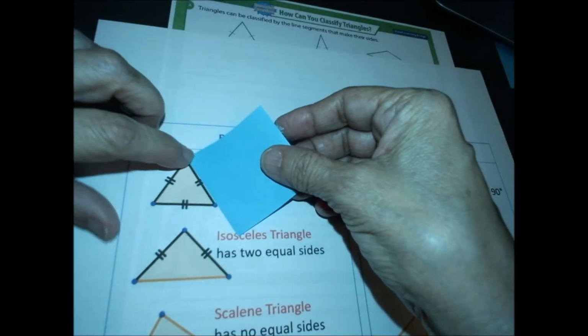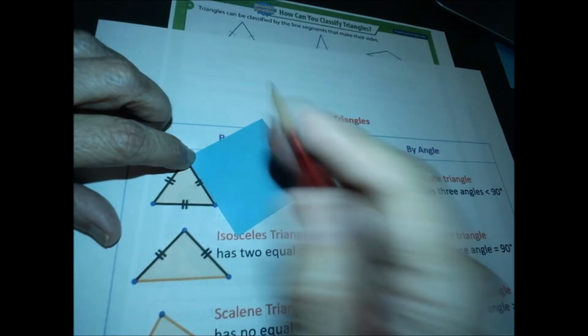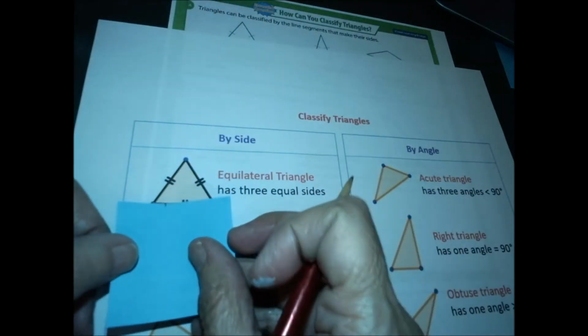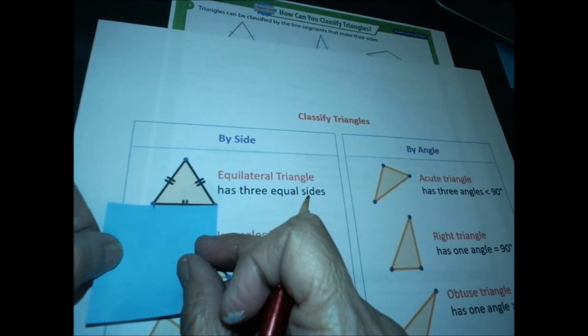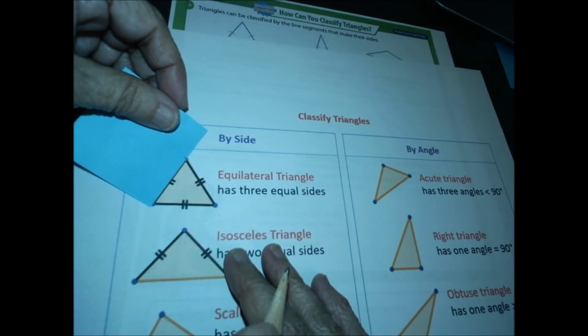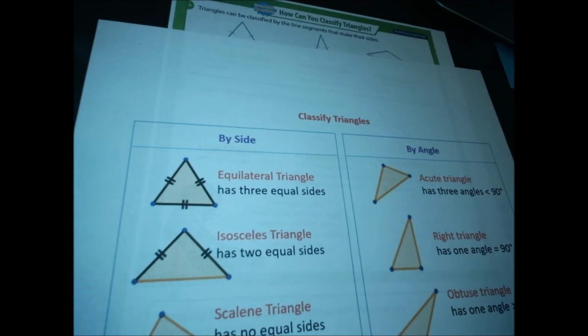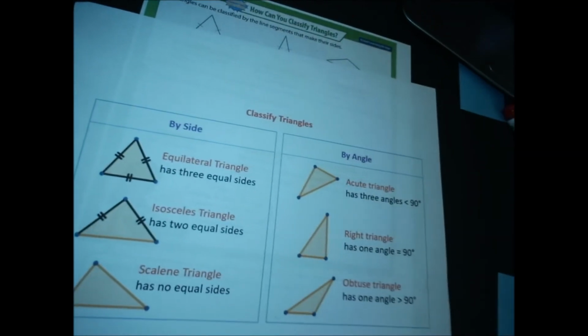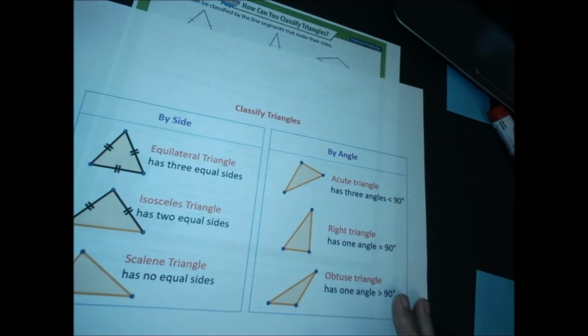If I measured them from here to here, using my tool, I should be able to see that all the sides are exactly equal. And there we go. We have an equilateral. Well, an equilateral is also an acute triangle.